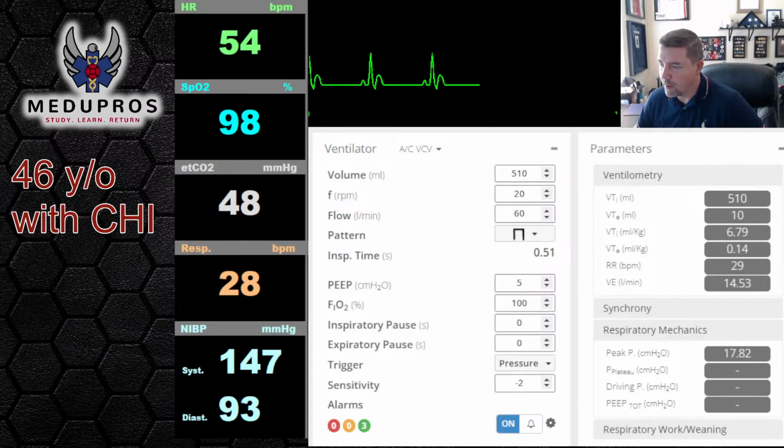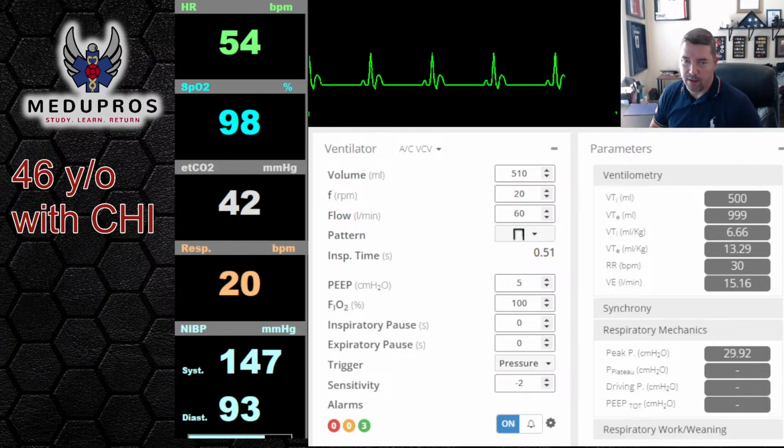End tidal, let's say, just drops a tiny bit. It goes to there. Respiratory rate is now 20 because we're intubated. Well, let's say that blood pressure changed a tiny bit to 488. All right, now I'll give you an update here. Jacob, let me know if you can hear that blood pressure cuff going up.